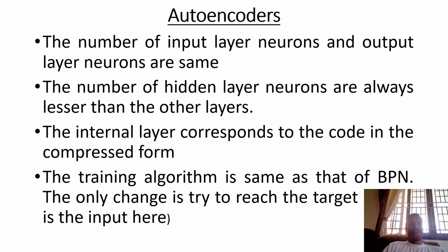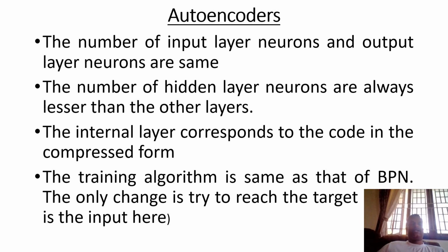Now, when you come to the training part of the algorithm, we have already learned about the backpropagation neural network. If you are new to this video, you can refer to the literature. The same stochastic gradient descent algorithm is used here too. But there is a small change between the conventional BPN and the autoencoders. Here in autoencoders, we are trying to reach the target in the sense that your output and input are trying to be matched together so that we get an equal output.